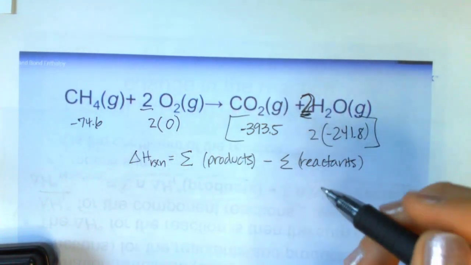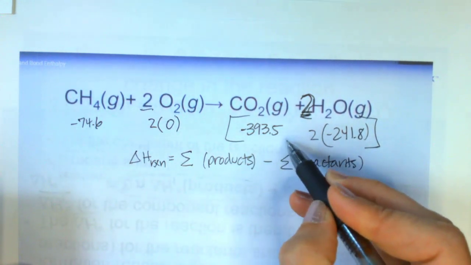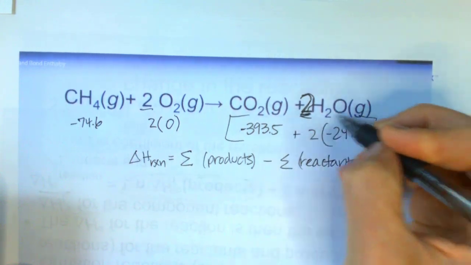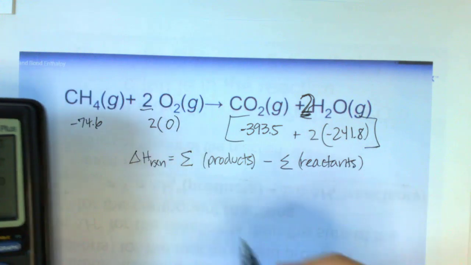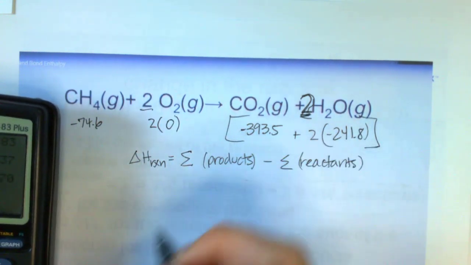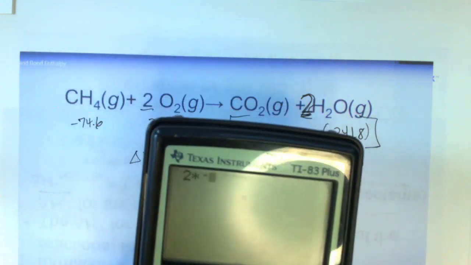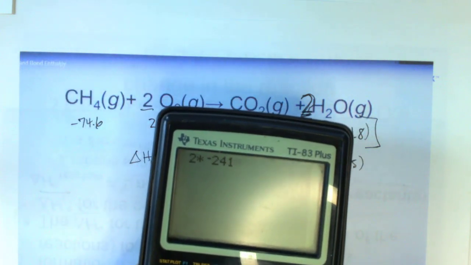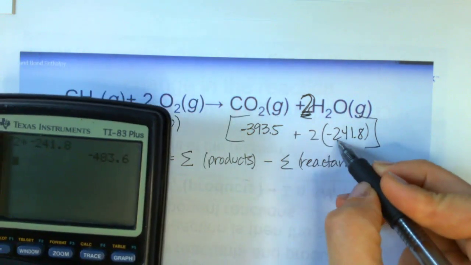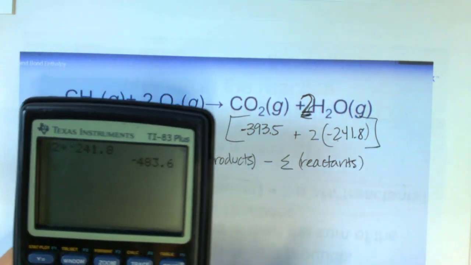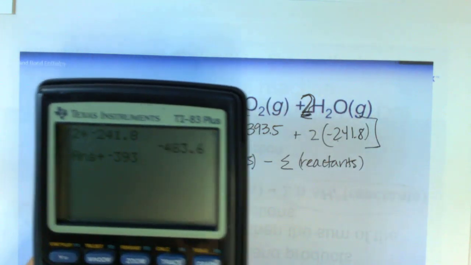Let's add these up. I'm going to do 2 times negative 241.8, and I'm going to add negative 393.5.